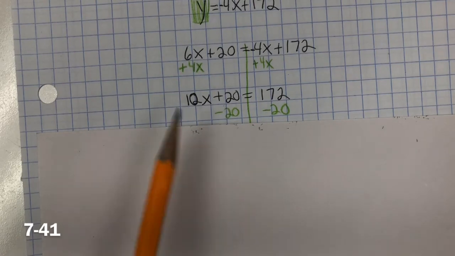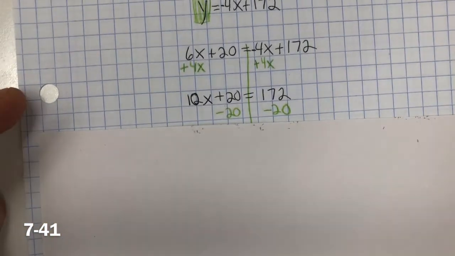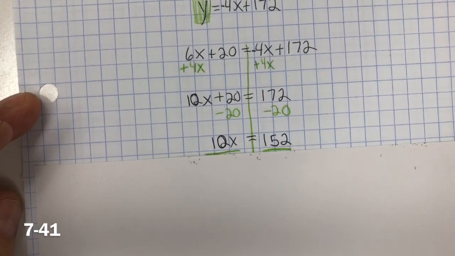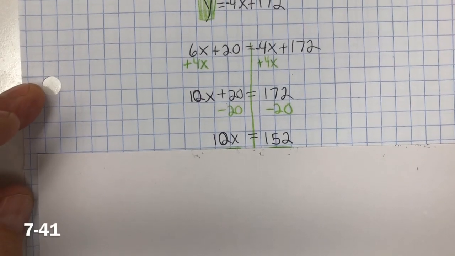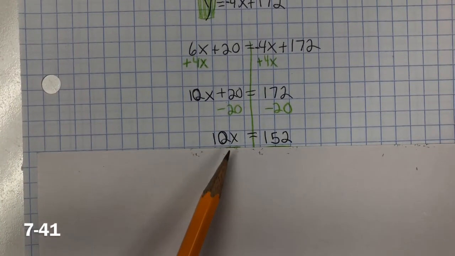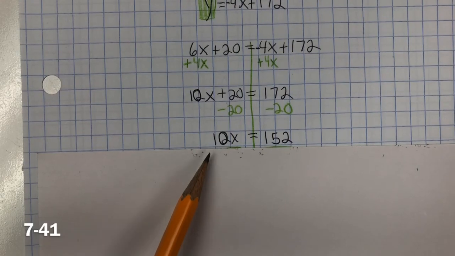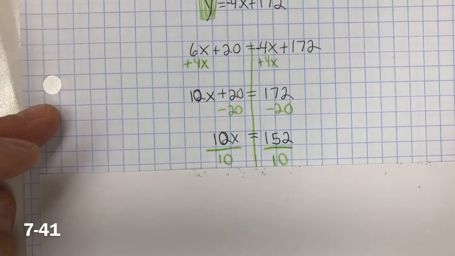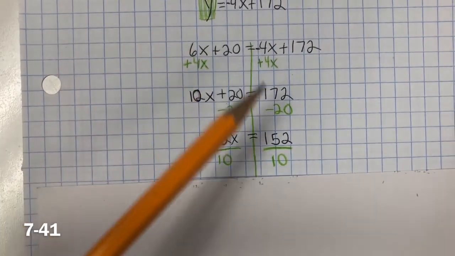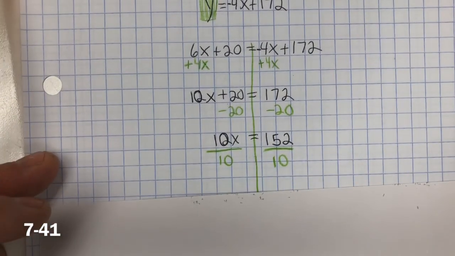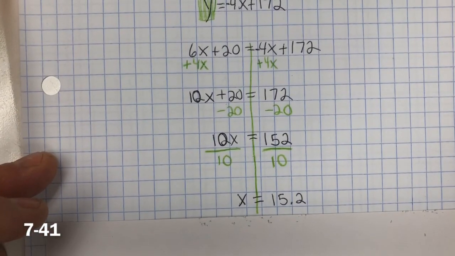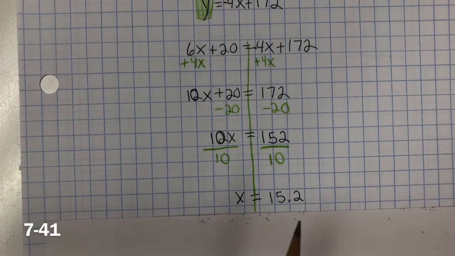Created a zero pair. 172 minus 20 is 152. Inverse property of multiplication is division, so we divide both sides by 10. Created the giant 1. 152 divided by 10 equals 15 2/10.